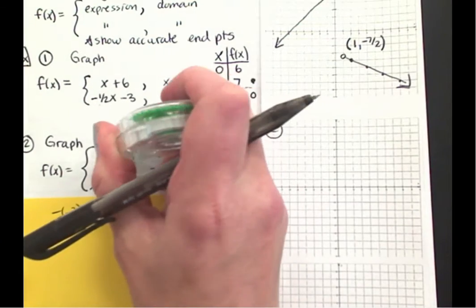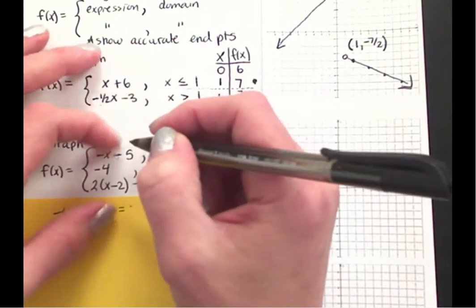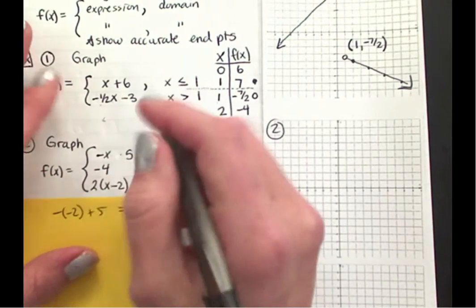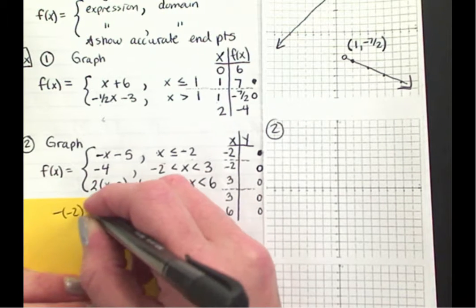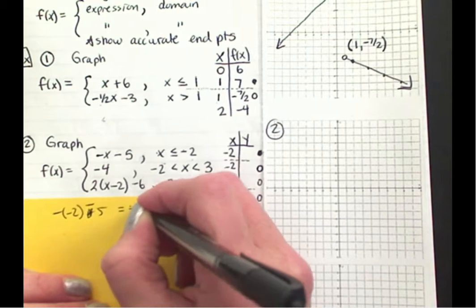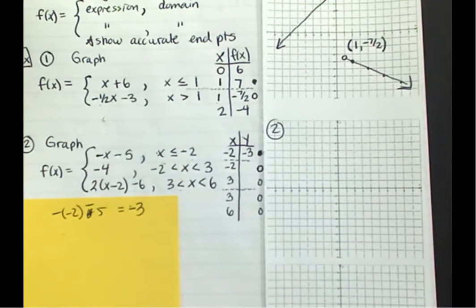Negative, negative, plus. So we get... Can we make this a -5, guys? Sorry. Make it a -5. It fits better on your graph, I think. There you go. Okay. Yeah, make it -5.